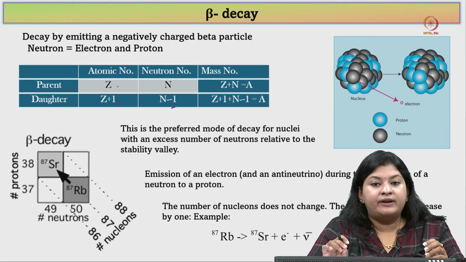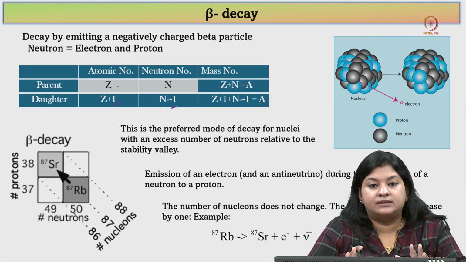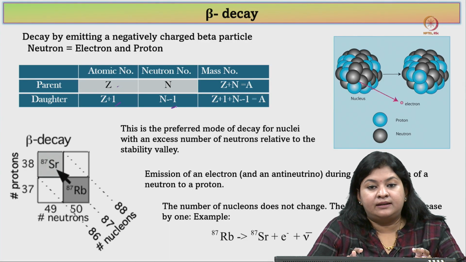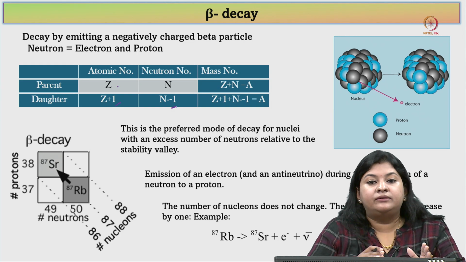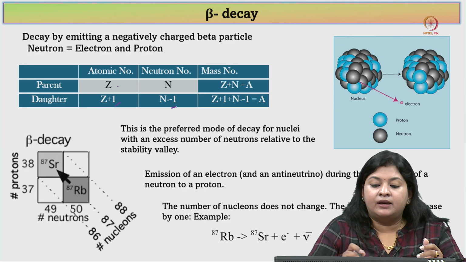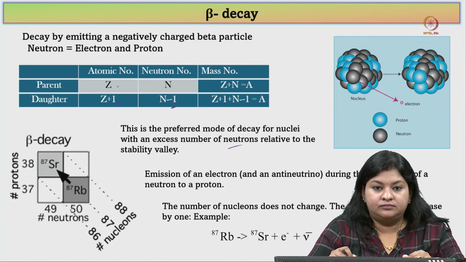This is preferred when there are a lot of extra neutrons. When there is an excess number of neutrons, to remove that you can have the beta decay. This is called the electron decay. The neutron itself will decay to form a proton and an electron.